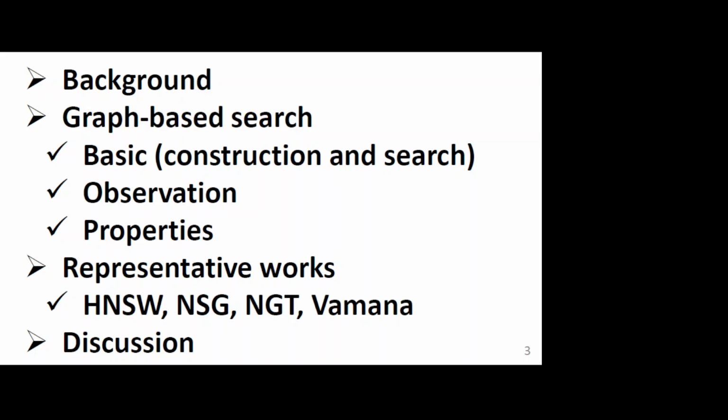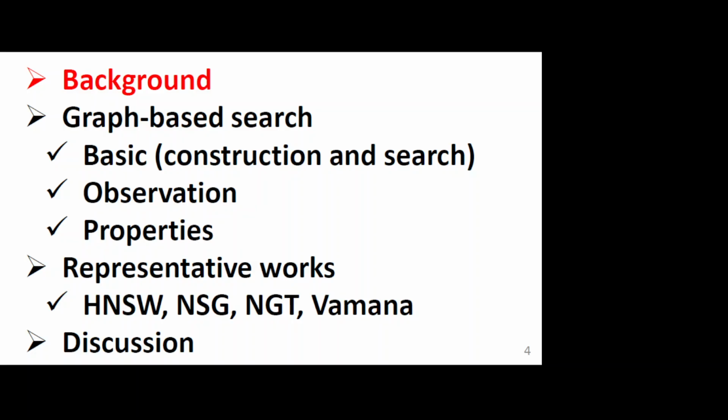It includes some basic operations, like the construction of the graph and how to search and navigate in a graph. We will also give some observations on it and its properties. Some representative works in graph-based search include HNSW, NSG, Lamana, and finally we give some discussion.